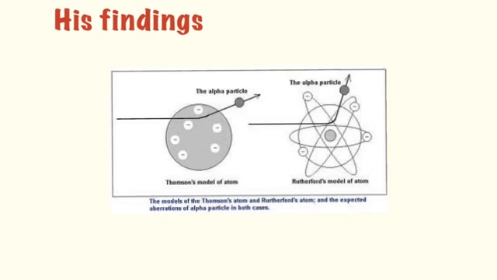In other words, there was empty space in the atom. If it came close, but not too close, to the positive nucleus, the alpha particle was deflected away from the straight-through path. But if it came almost at the nucleus, then the particle was deflected back towards the source.